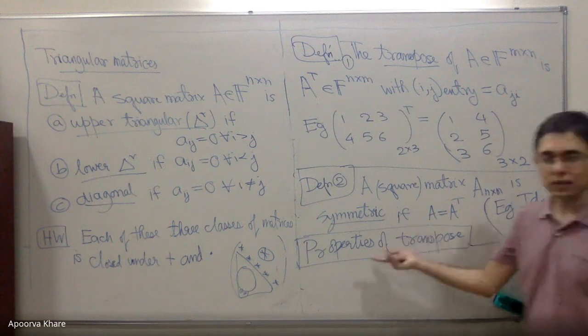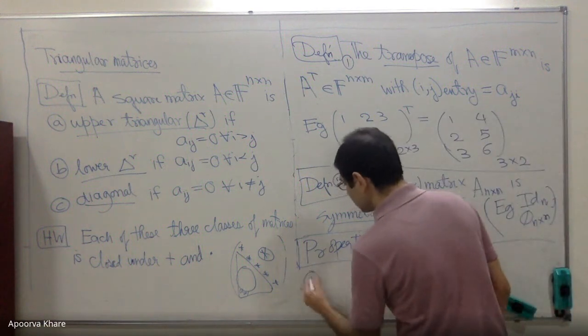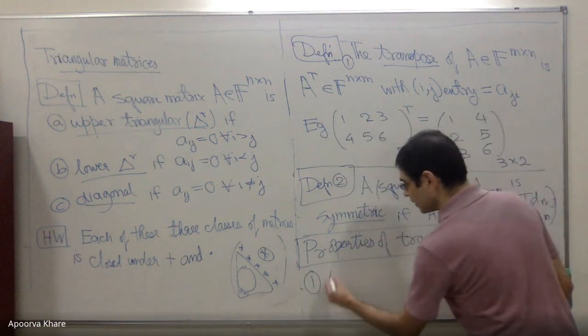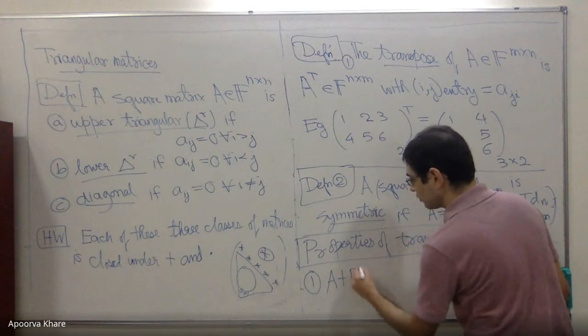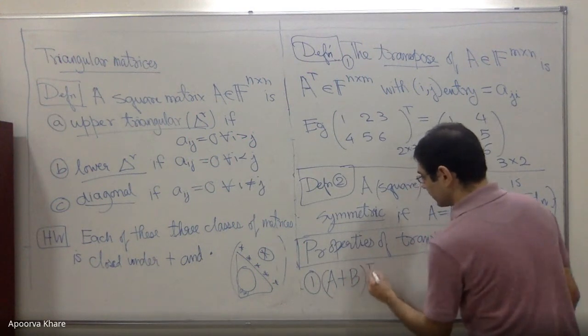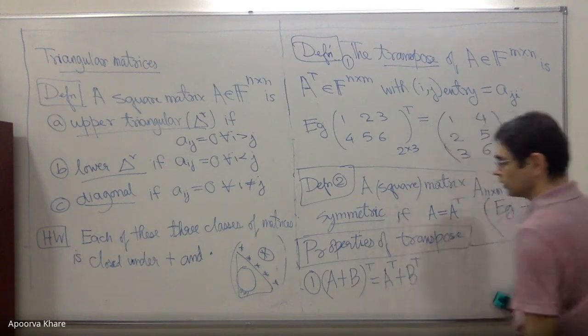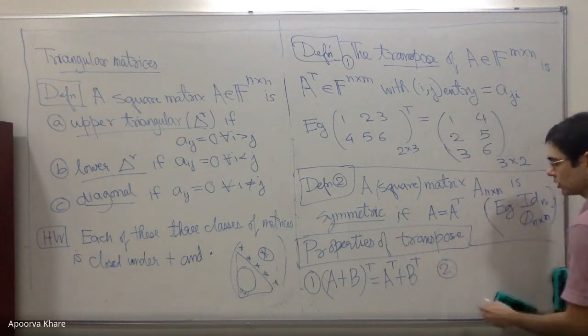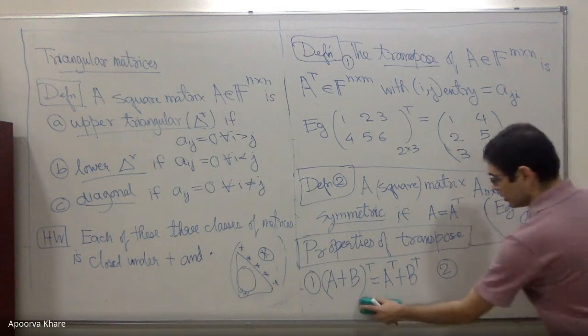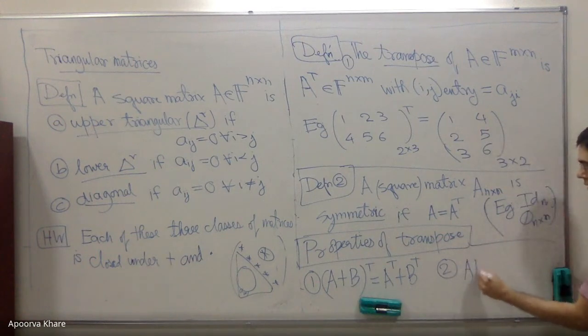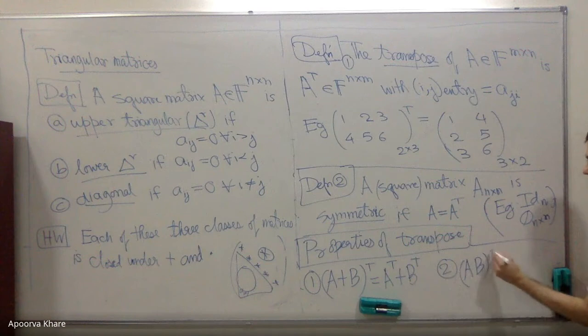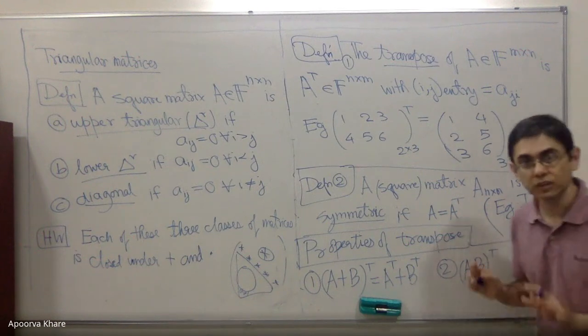Okay, but anyway, there are just two properties of the transpose that you need to remember. This is trivial to prove, so I may not even ask you to prove it. The other one is not trivial to prove, but you can check. If you take the transpose of a product AB, this means that the product first of all is defined.